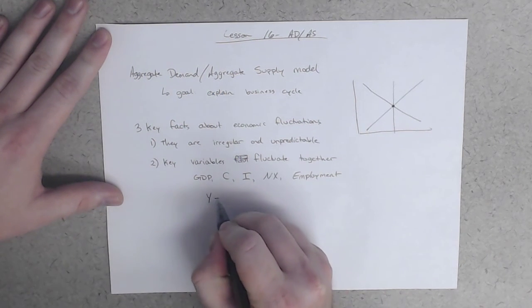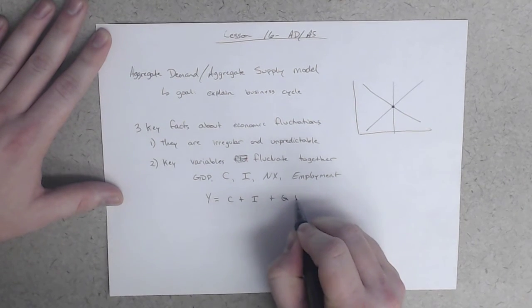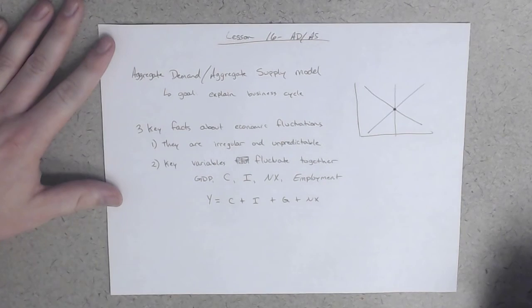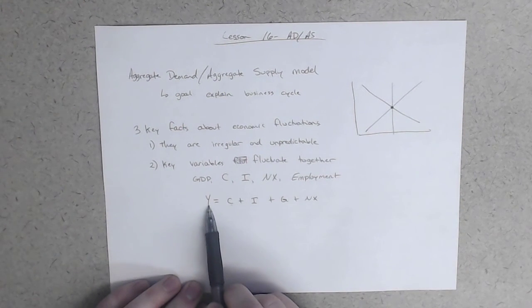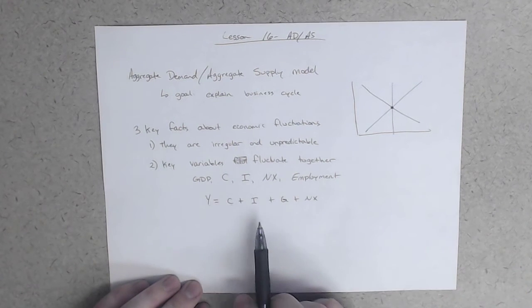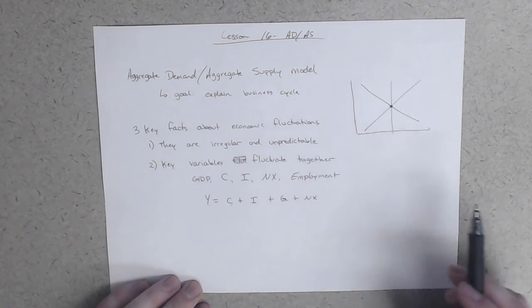And that was, Y equals C plus I plus G plus NX. And so when C goes down, what happens to Y? Right? Y has to also go down. And when I goes down, Y goes down. And when NX goes down, Y goes down, right?